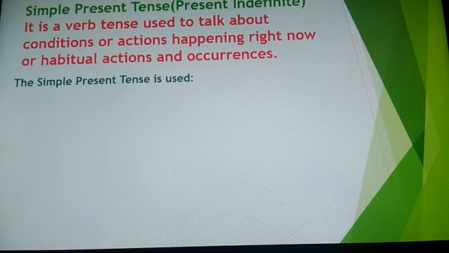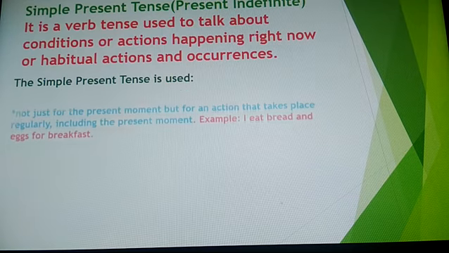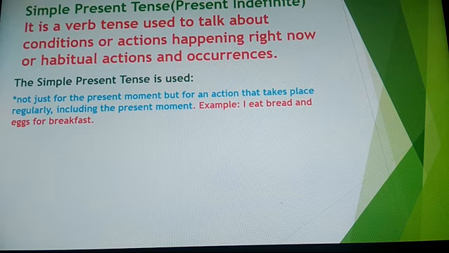So the simple present tense, let us see its uses. Present tense is used not just for the present moment but for an action that takes place regularly, including the present moment. For example, I eat bread and eggs for breakfast. So this present tense talks about not only the present moment.